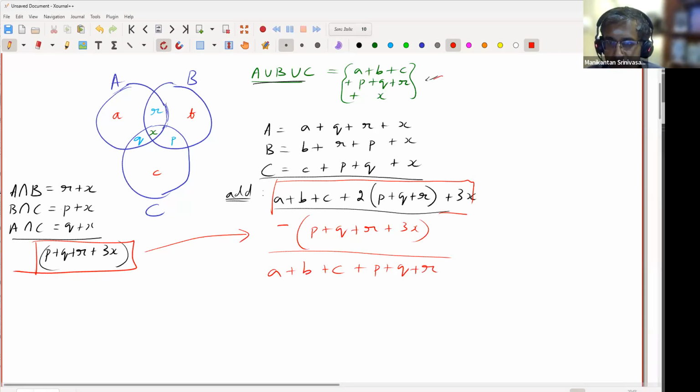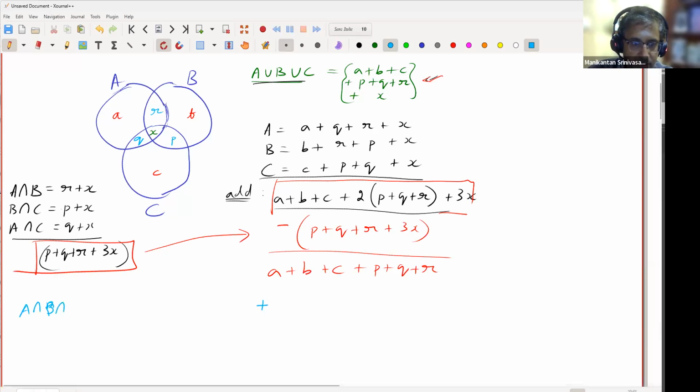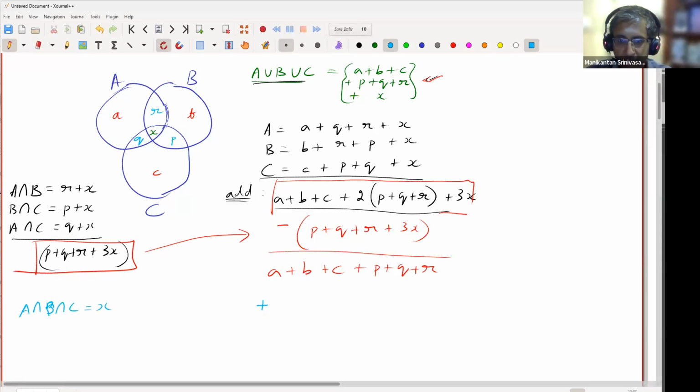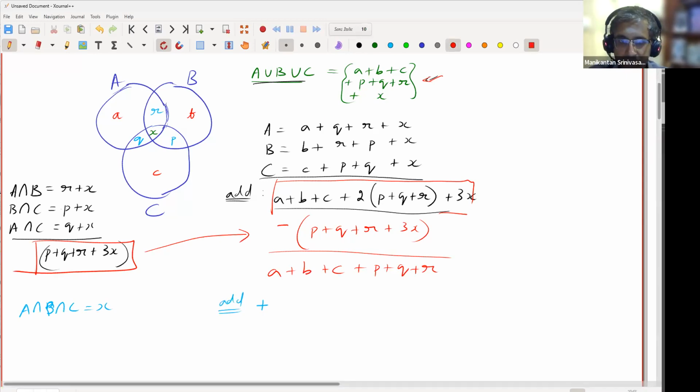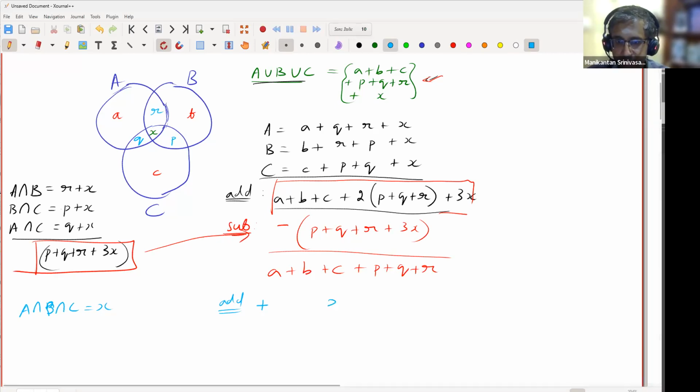Which is almost what I want. But the 3X gets completely cancelled. I don't want that to get cancelled. And therefore, I'll add back just one more quantity, which is A intersection B intersection C, which is my X. So here I'm subtracting, and then I'll add back that X.